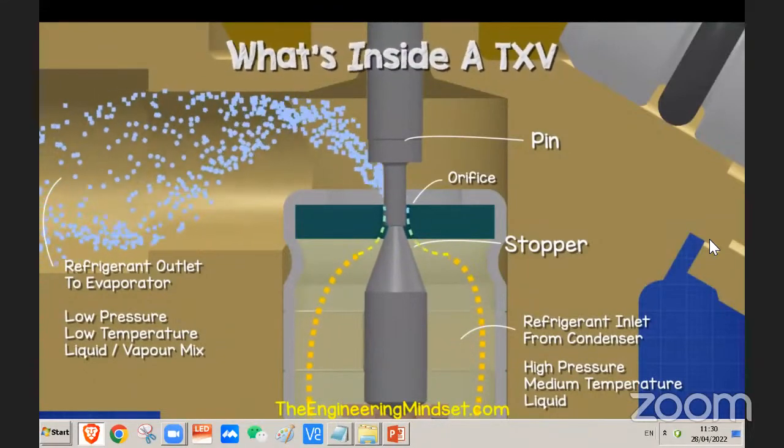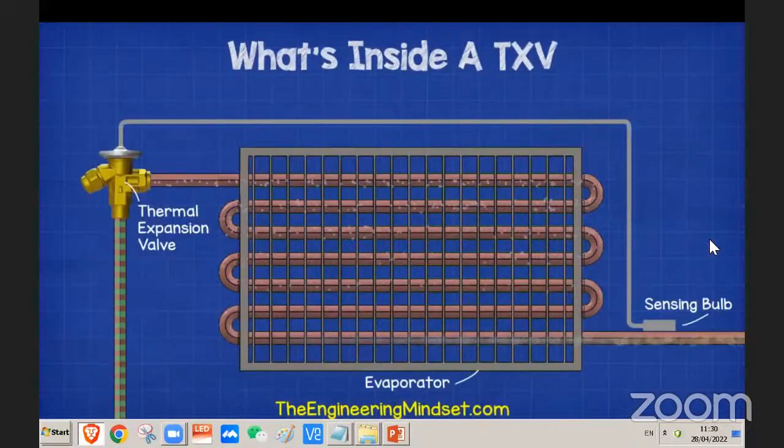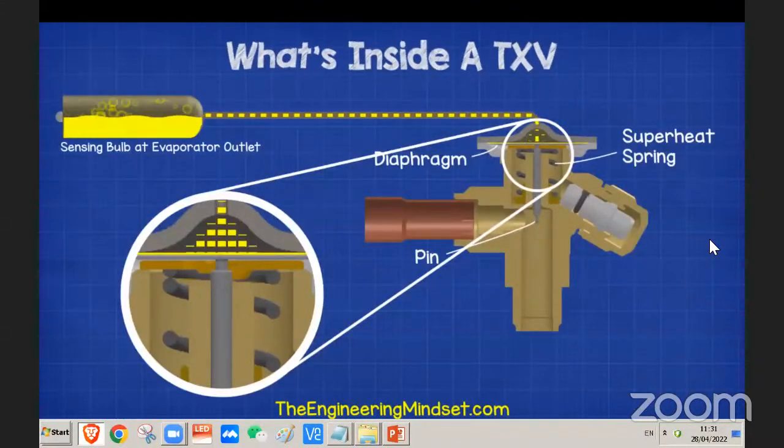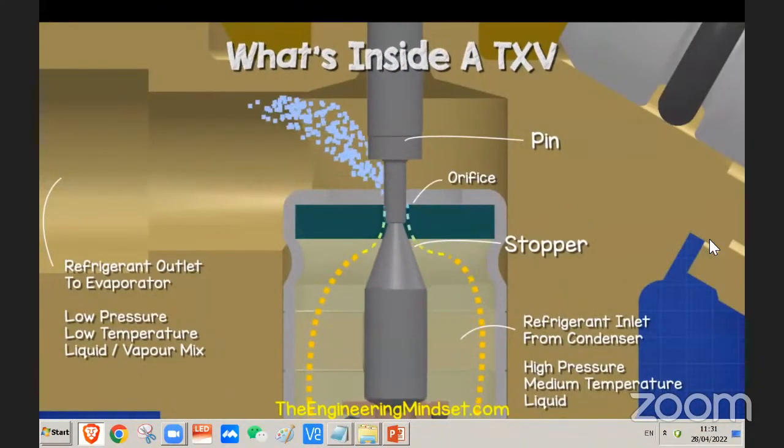As the cooling load increases on the evaporator, the superheat increases at the outlet. The sensing bulb at the outlet detects this and the refrigerant inside boils, causing an increase in pressure along the capillary tube. This pressure pushes the diaphragm down and that pushes the pin down, which opens the valve and lets more refrigerant flow.